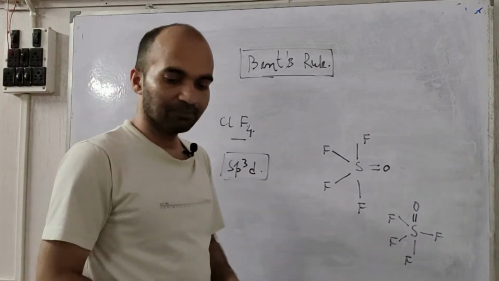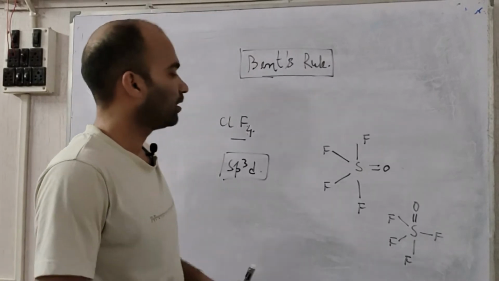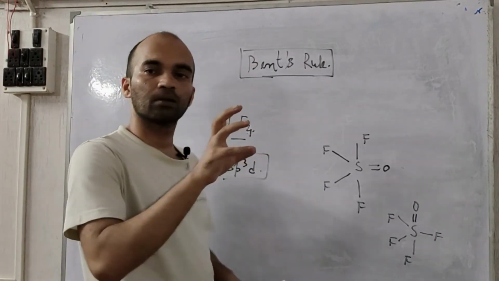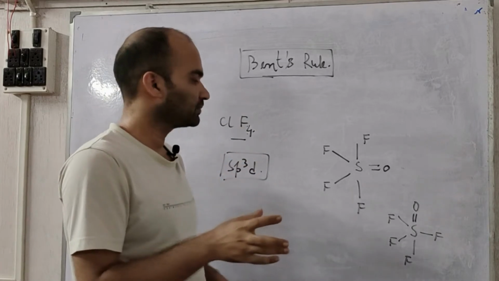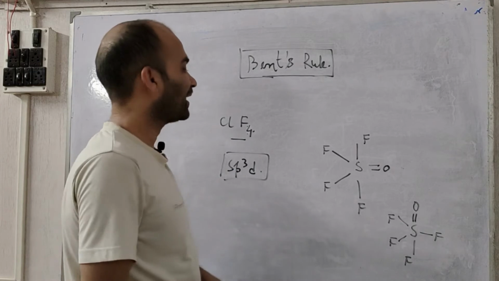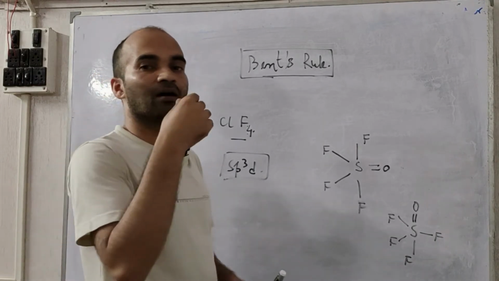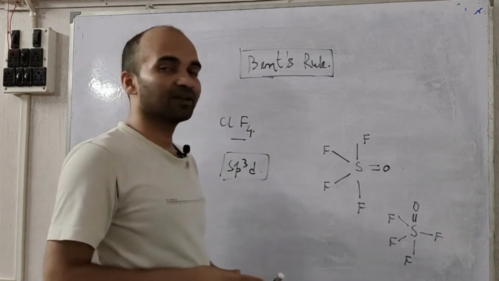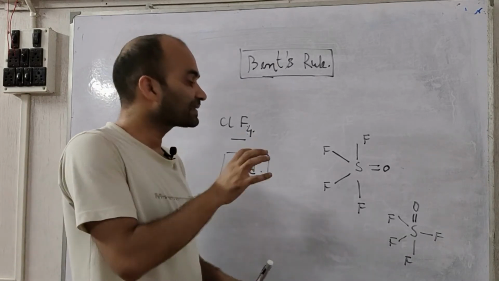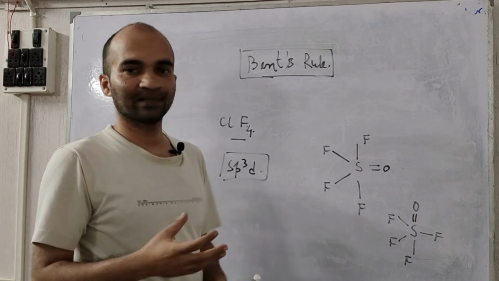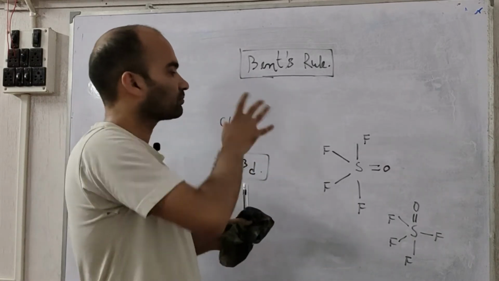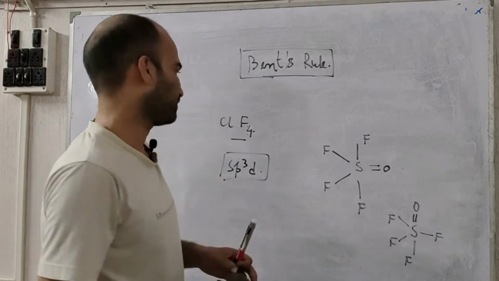It has some basic explanation depending upon the LP-BP repulsion or the electronic repulsion, and some extra deep explanation depending upon the s character and the p character and the electronegativity with their interrelationships.